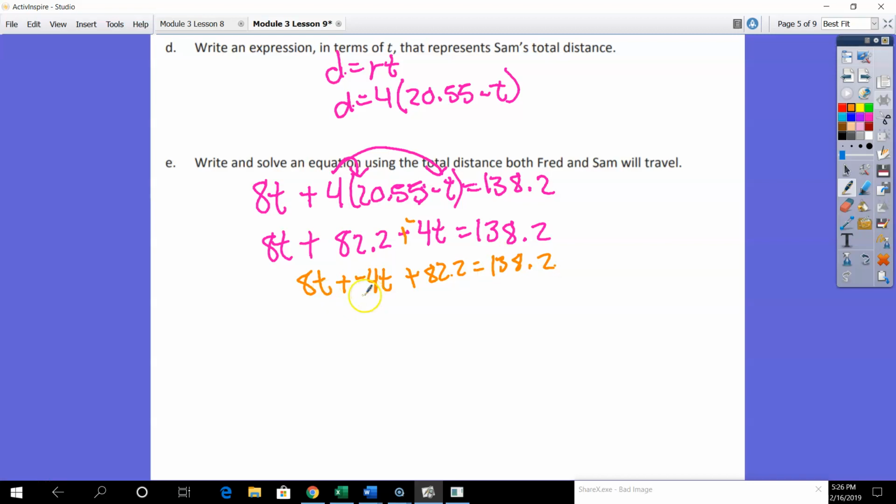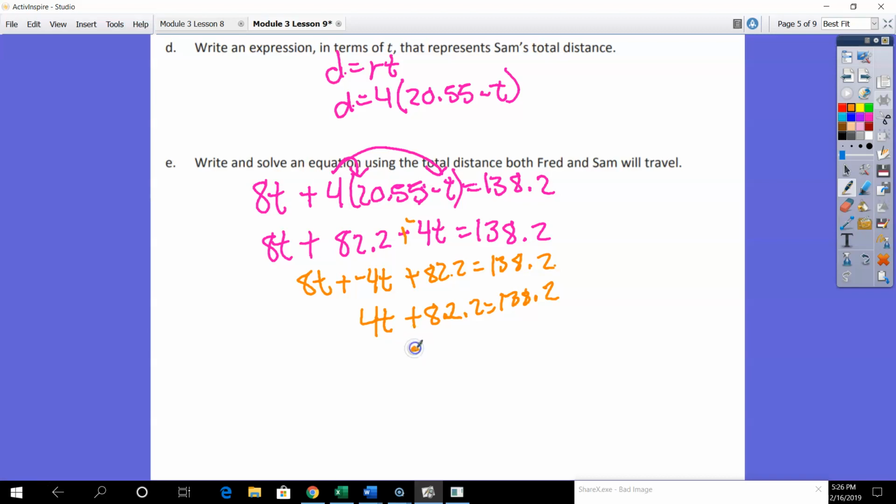So 8t plus a negative 4t is 4t plus 82.2 equals 138.2. Okay, so now I've got it down to where it's a two-step equation.